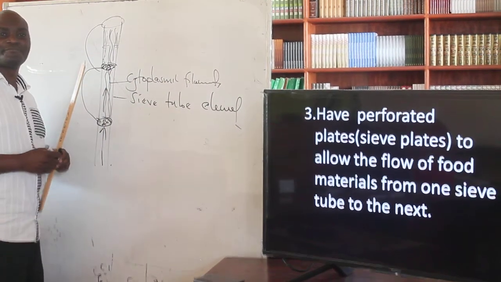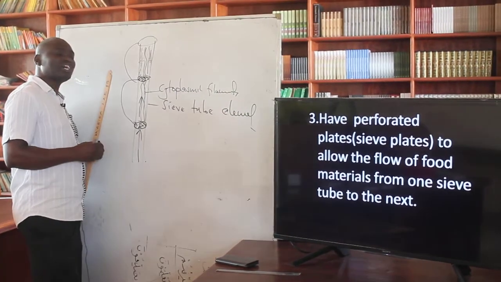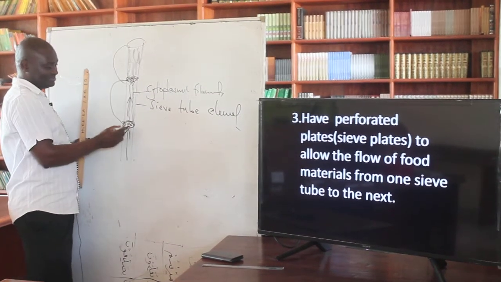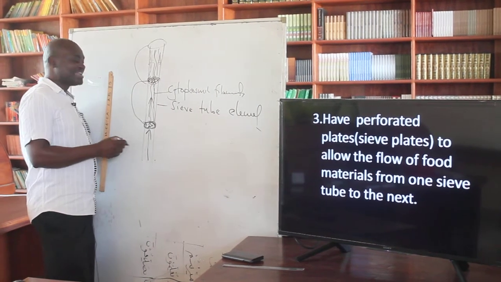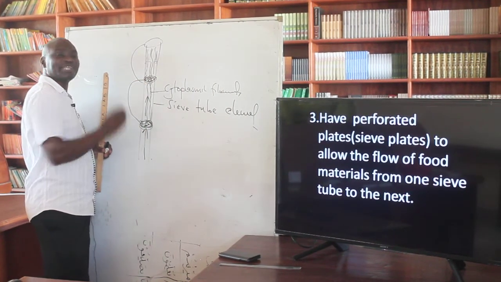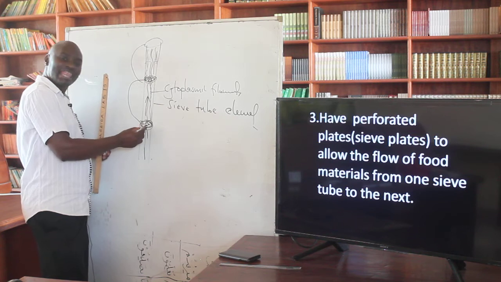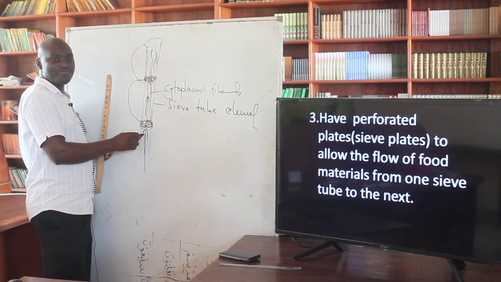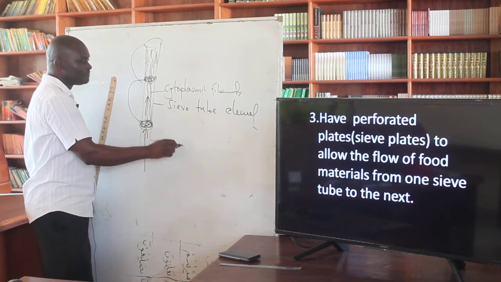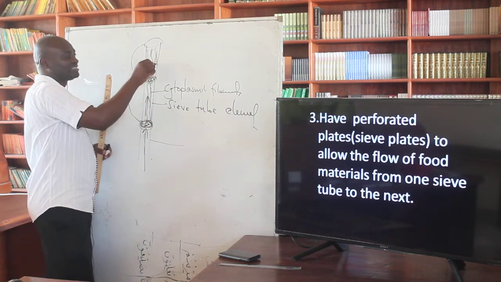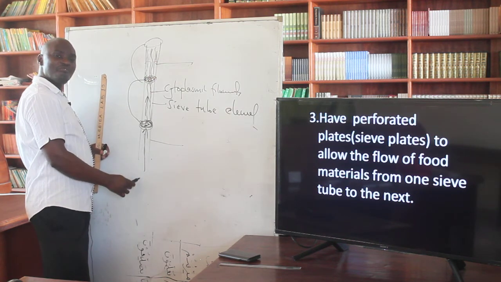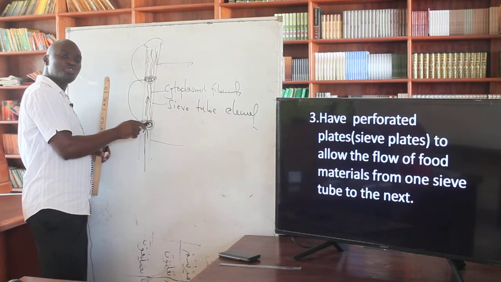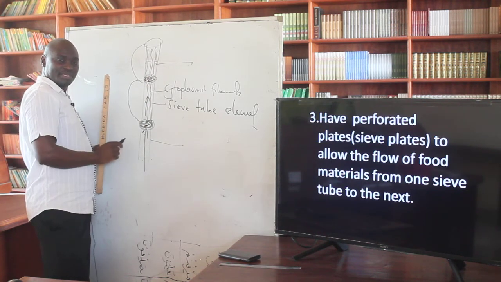So we are saying that the phloem structure has perforated plates. And how are these plates important? These plates allow the food materials to move from one sieve tube to the next. So this is a sieve tube, a sieve tube, a sieve tube. For food to move from one sieve tube to the next, it must pass through the sieve plates.